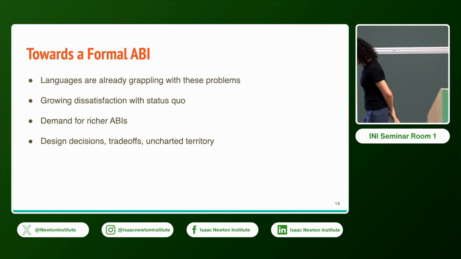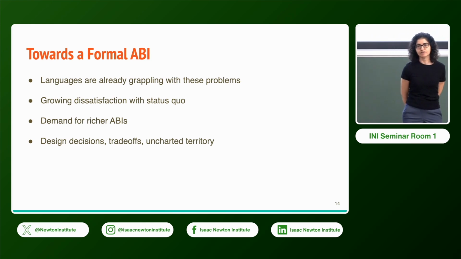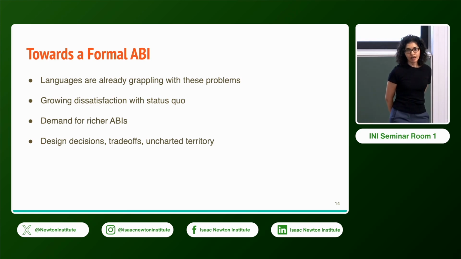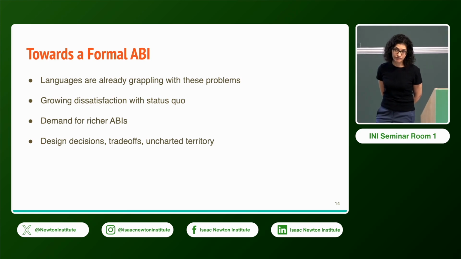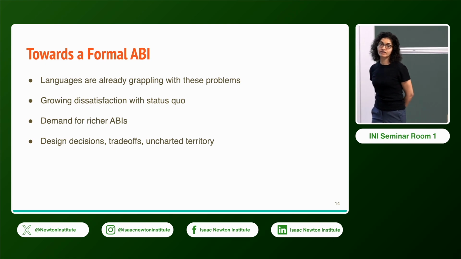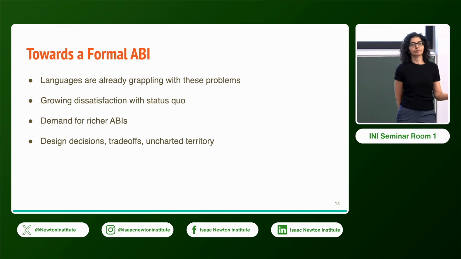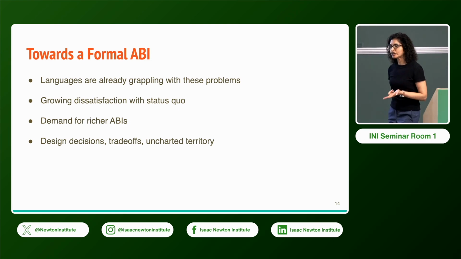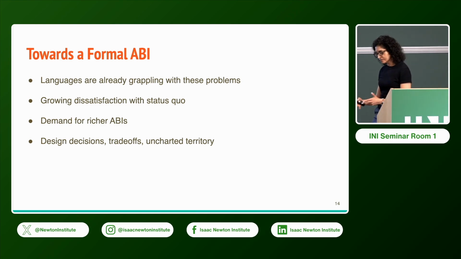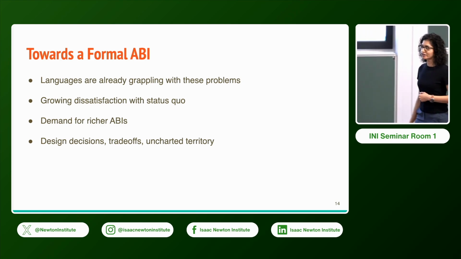So what I'd like to talk about in the rest of the talk is how do we go from the current world where ABIs are specified in prose to a world where we could actually write down formal specifications of ABIs, and then do the three things that I showed you at the beginning of the talk. Show that my compiler is ABI compliant, show that my libraries are ABI compliant, show that FFIs that I design and implement are also ABI compliant in the sense that they're actually properly allowing interop with the other language.